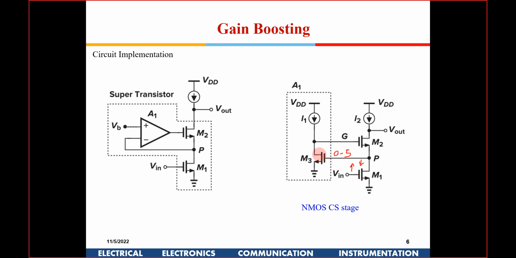If this is falling, current here will decrease, right? So this voltage will go high and more current will start flowing out here. If more current is flowing here through R0, this voltage will tend to increase. So this forms a kind of negative feedback.